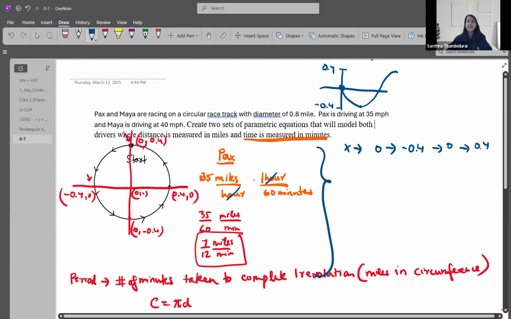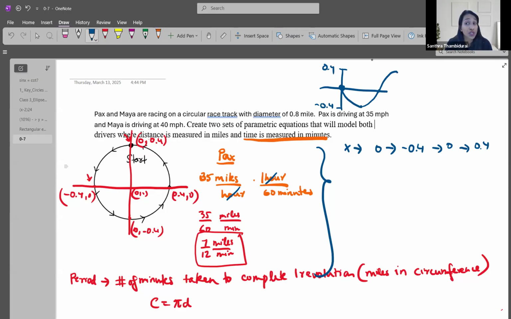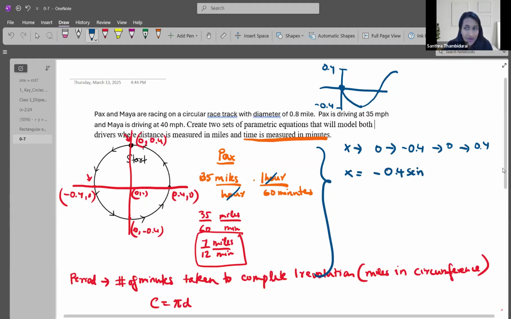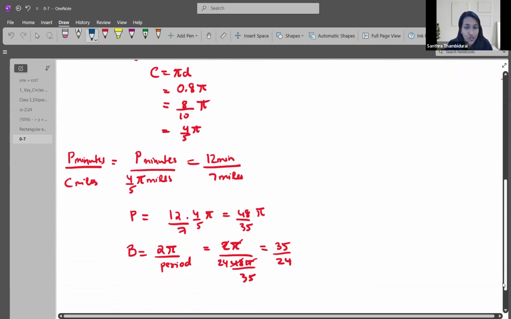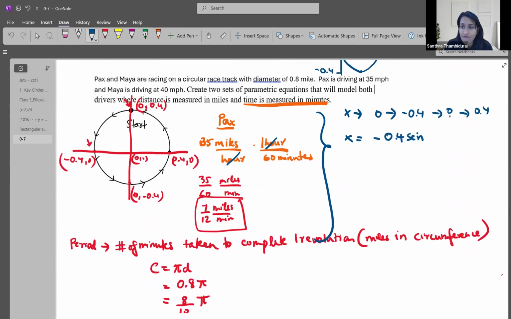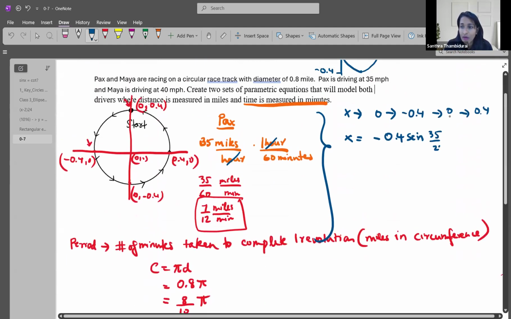So x is looking like a negative sine curve with amplitude 0.4. When I'm writing my equation for x, it's going to be negative 0.4 sine, and I have my b value, which I've figured out to be 35 over 24, and t. There's no shift up or down. That's your x coordinates.